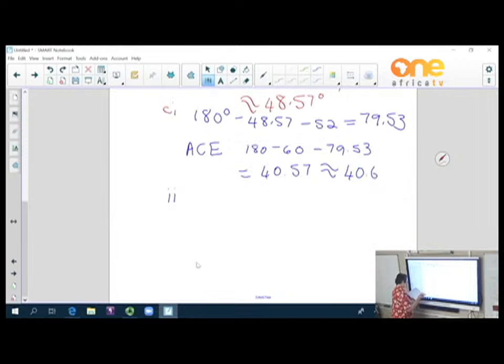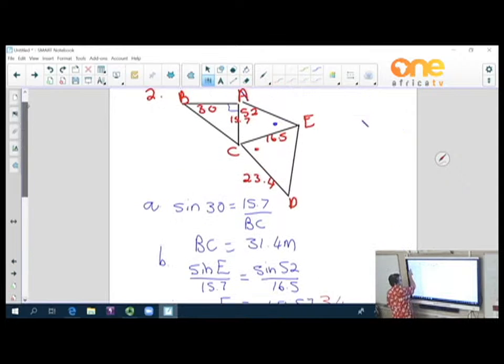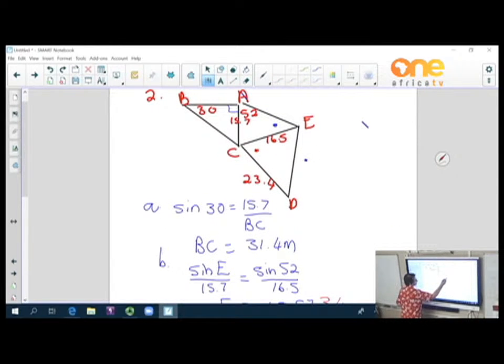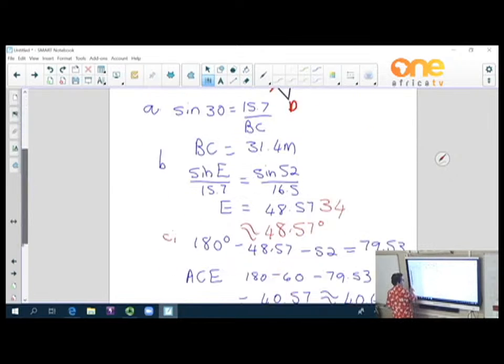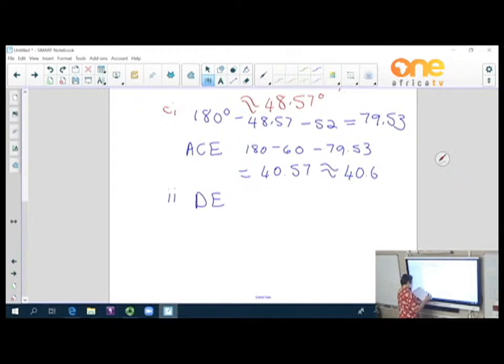Then number C2, now they want us to find DE. Let's look again at the sketch. So this is what we want to find, DE. And I use the cosine rule here. DE squared is then 16.5 squared plus 23.4 squared minus, in brackets, 2 times 16.5 times 23.4, and the angle that we are using is cosine 40.6 degrees, the one opposite the side.